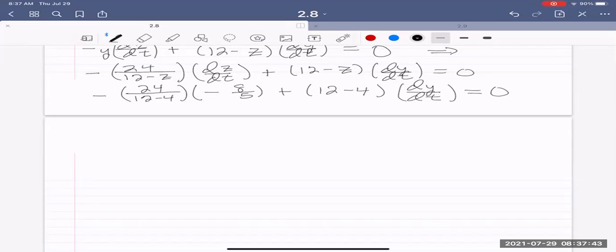Okay, so let's do this. And so I have 12 minus 4 is 8. So I have a negative 24 over 8 times negative 8 over 5 plus 12 minus 4 is 8 dy dt. Okay, so the 8's cancel, so you get 24 over 5.